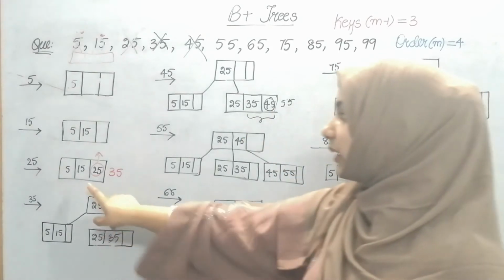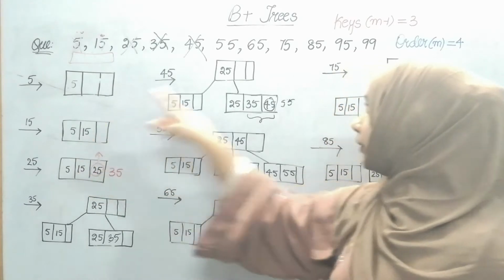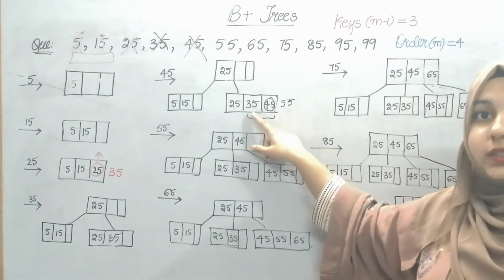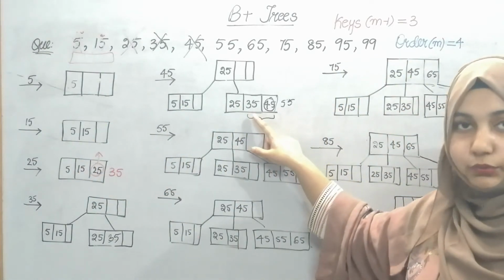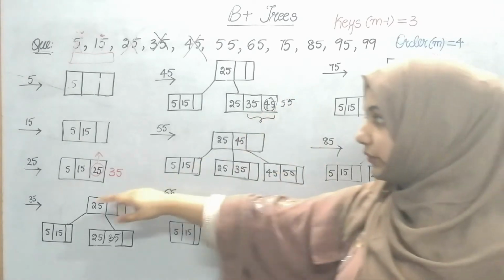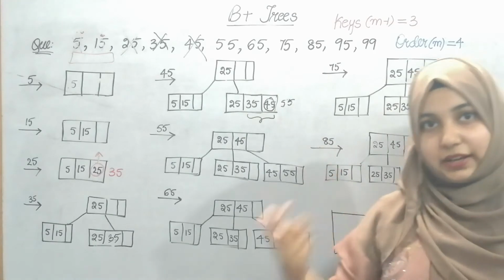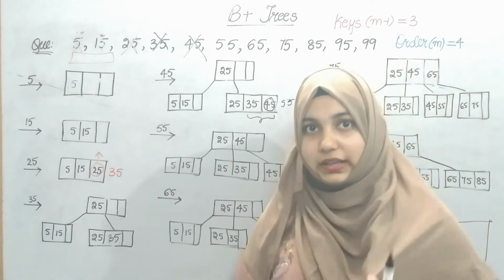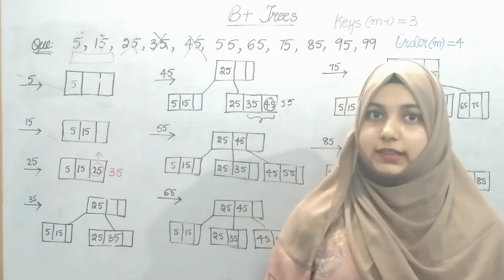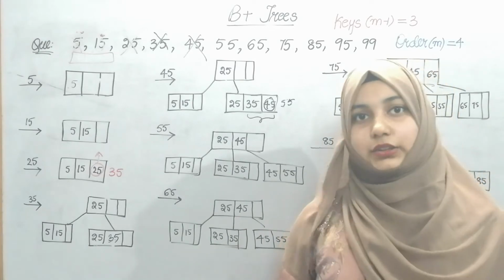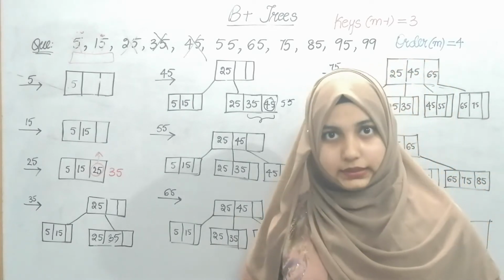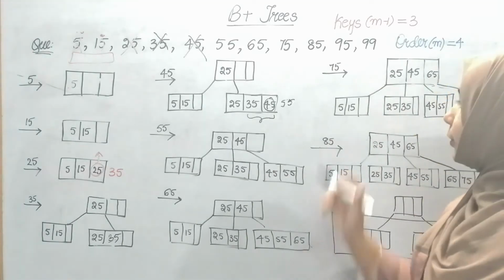If you had chosen 15 earlier, the leftmost element, then in this case you would have to choose 35, the leftmost element. It depends on what you previously chose. If you are choosing left, all the time you need to choose the leftmost element. If you are choosing the rightmost element, in every scenario you need to choose the rightmost element. Getting clear?